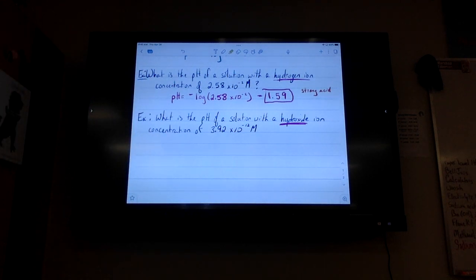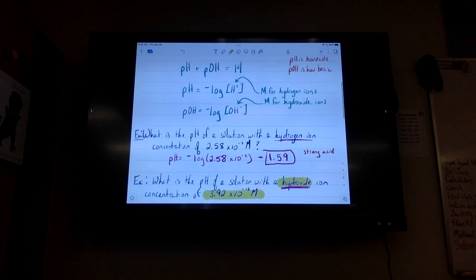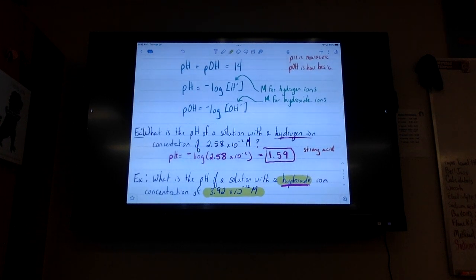Okay. So first of all, this is hydroxide ion concentration right here. So which of these equations do I have to use? Yeah, the bottom one, this one here. Do you see how that one's talking about hydroxide?